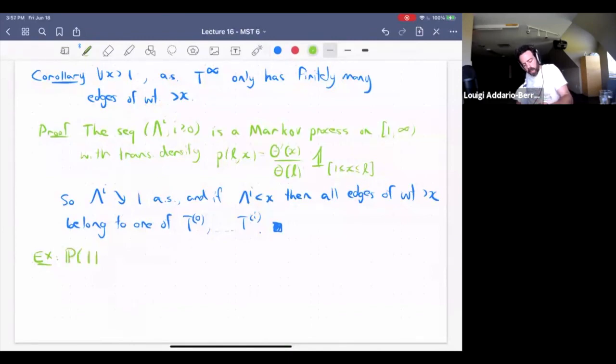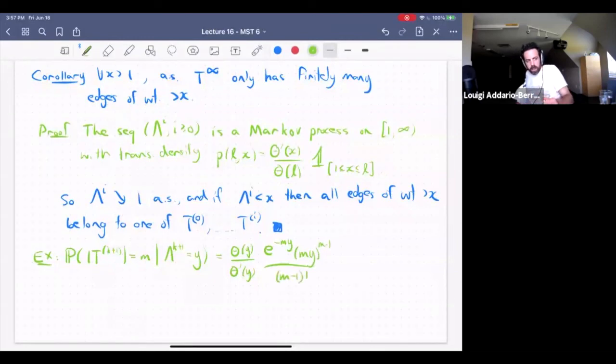The probability that one of these ponds, these trees T k, has size m, given that the only information you need turns out to be the next threshold, lambda k plus 1 equal to y, is theta of y over theta prime of y times e to the minus m y, to the m minus 1, over (m minus 1) factorial.